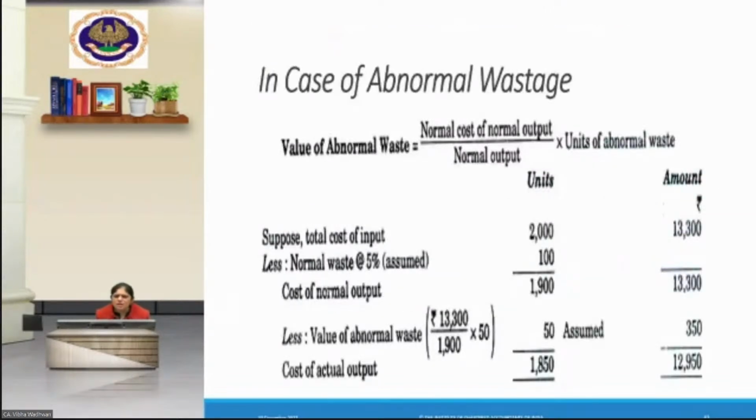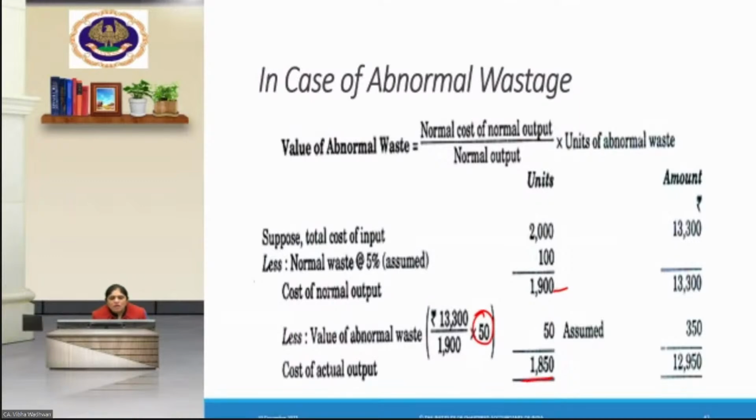Abnormal means, see, 1900 should be the normal units. But let us say there is again an abnormal waste of 50. Let us say due to carelessness of the storekeeper or mishandling of the raw material, this loss of 50 units could have been avoided, but it was not. So ultimately my actual output is 1850.